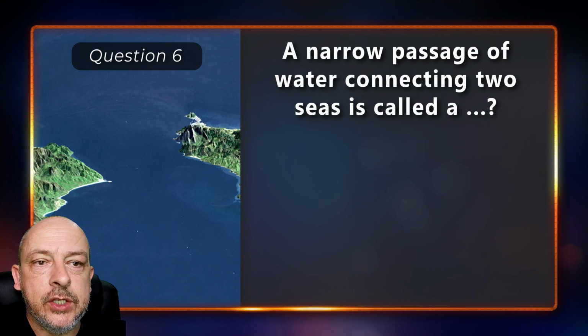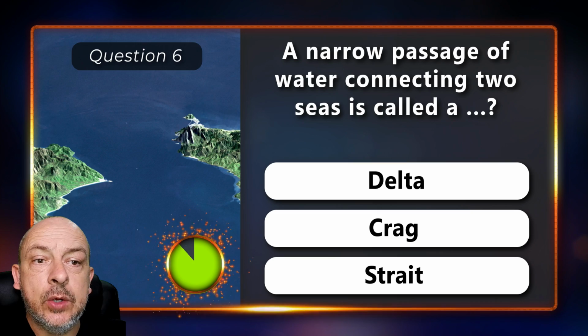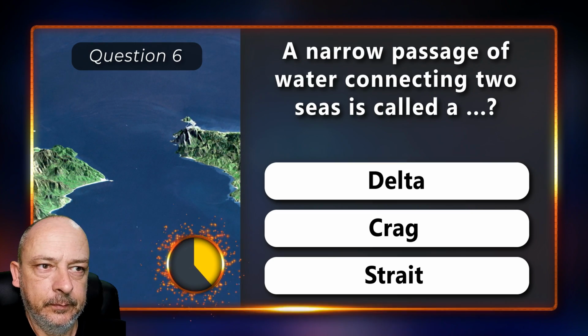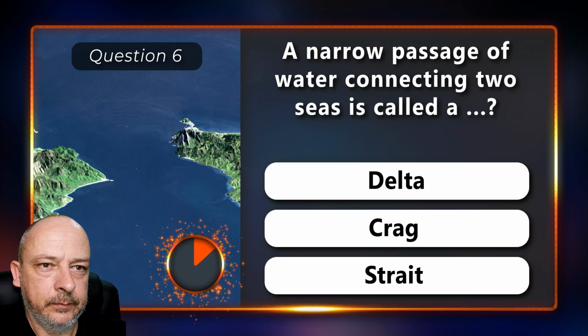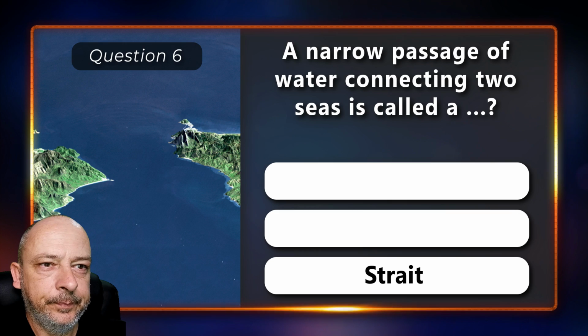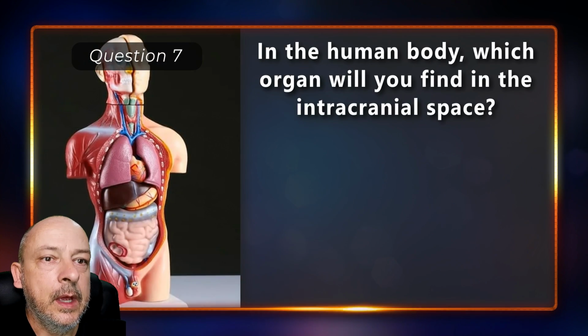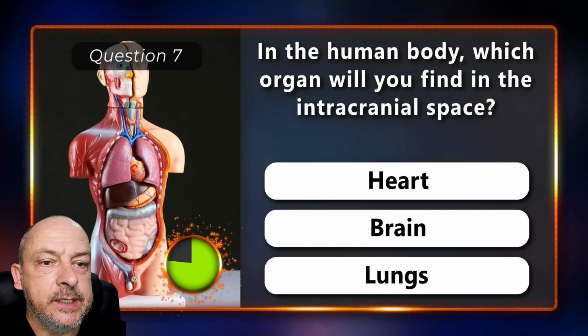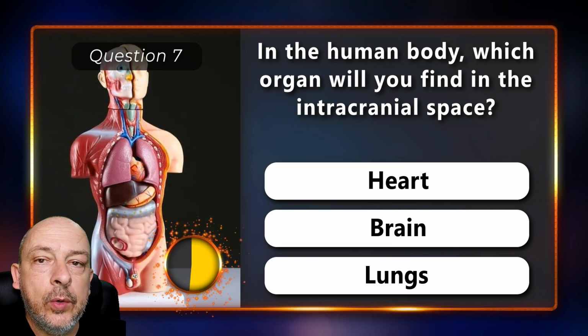A narrow passage of water connecting two seas is called a delta, a crag or a strait. It is a strait. In the human body, which organ will you find in the intracranial space? Is it the heart, the brain or the lungs?